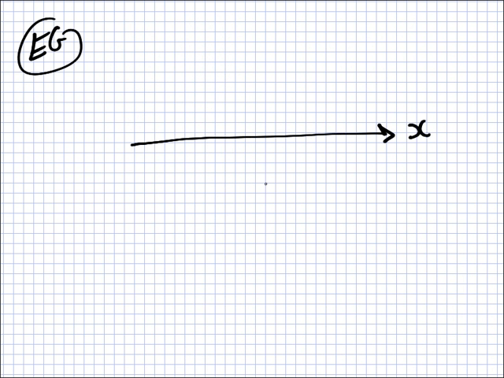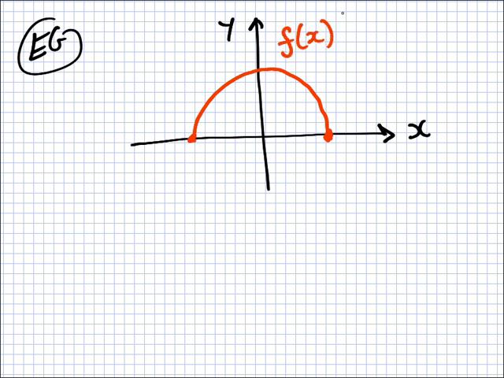X, Y. This is a half circle. So it's a ball, a sphere. So f(x) equals root of r squared minus x squared. Okay, give me the volume.